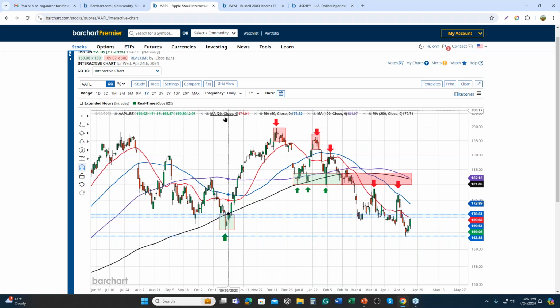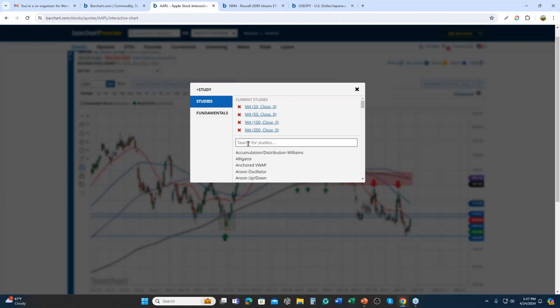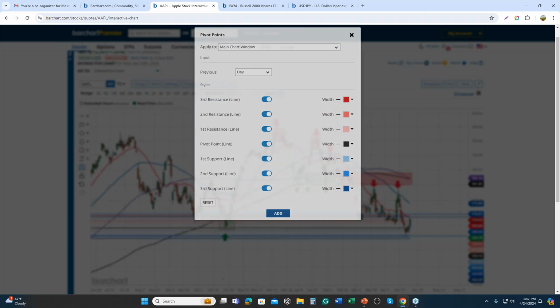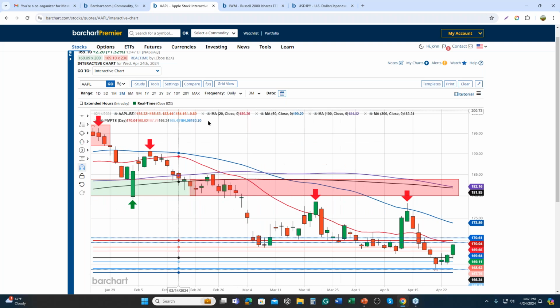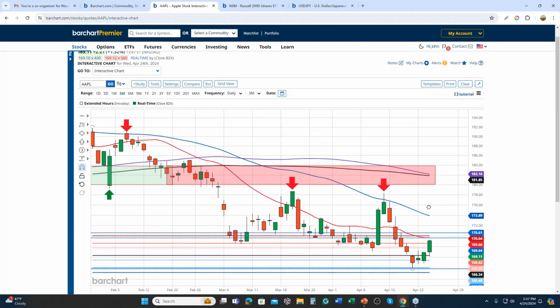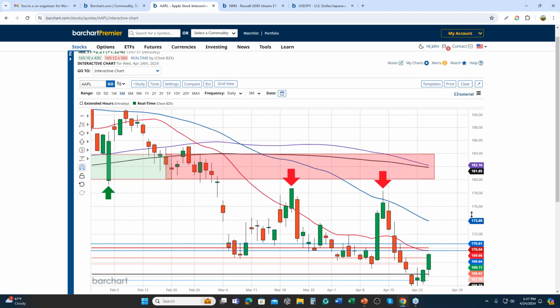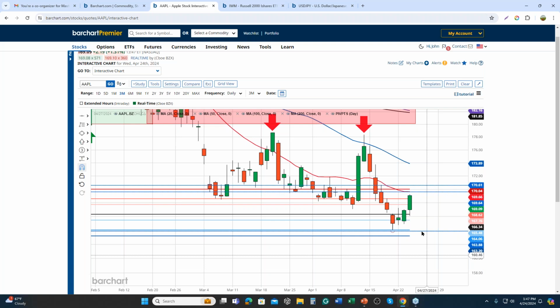Well, let's bring back in our pivots. This is where I might have to go back and add my pivots. And let's make this nice and big for you. And now this really makes more sense to us, doesn't it?